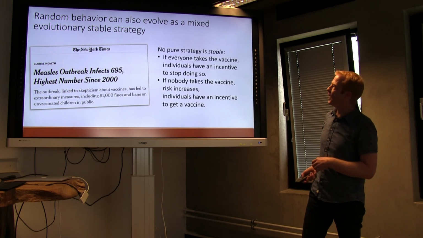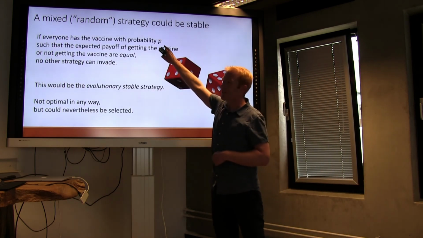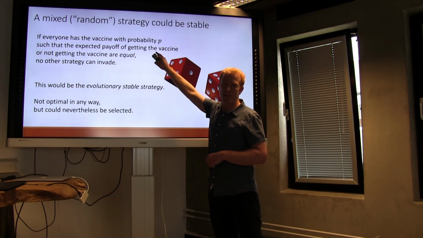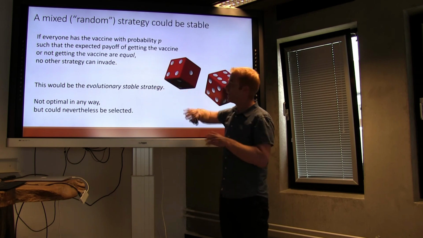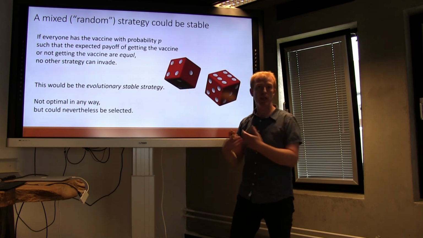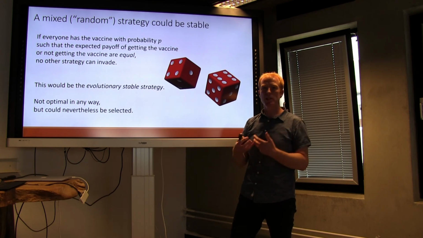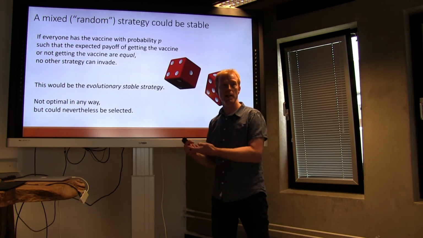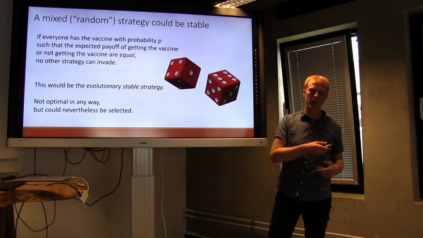What would be stable is if everybody would be vaccinated with some probability P randomly, and this P is chosen exactly such that the payoff of getting vaccinated or not getting vaccinated is exactly the same. So the risk of getting the measles is high enough that it pays off compared to the risk of getting the vaccine.